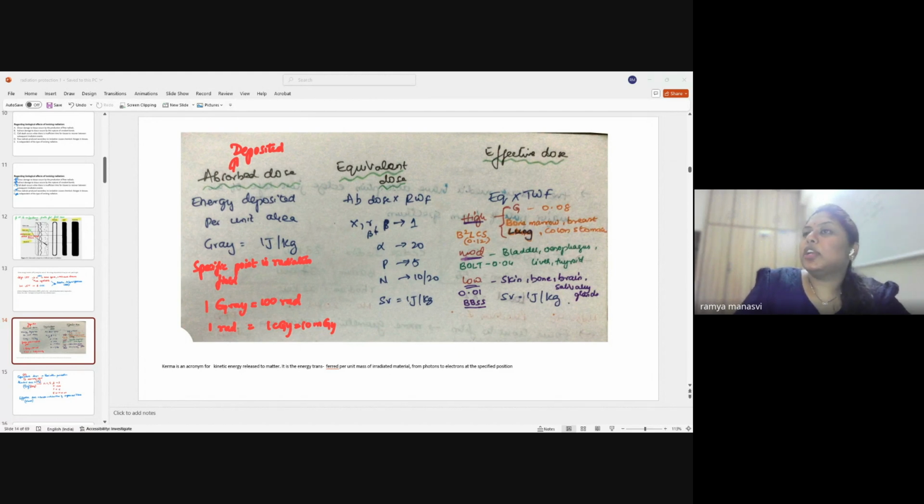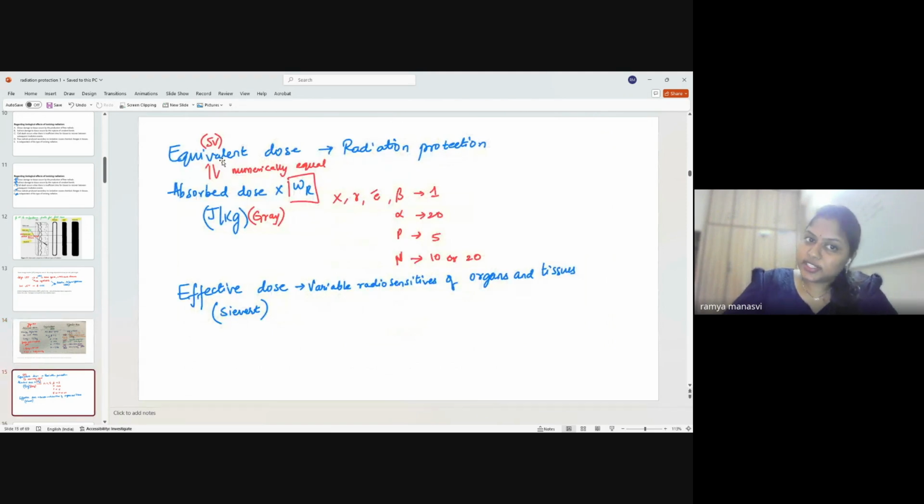So whenever we are talking about effective dose, we are talking about equivalent dose times the tissue weighting factor. Okay. So equivalent dose is measured in sieverts.